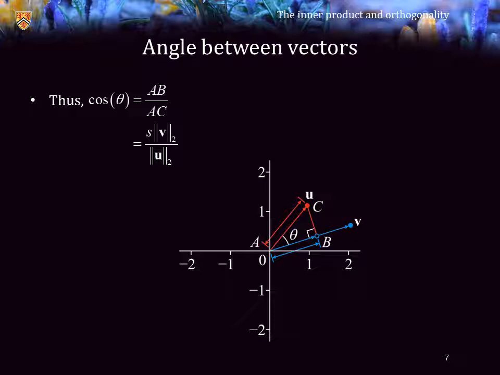Thus, we have that cosine of theta is equal to the line segment AB over the line segment AC, or an appropriate scalar multiple of the 2 norm of v over the 2 norm of u. Question: what is the appropriate value of s to produce that right-angled triangle?